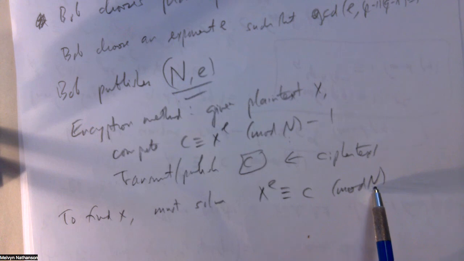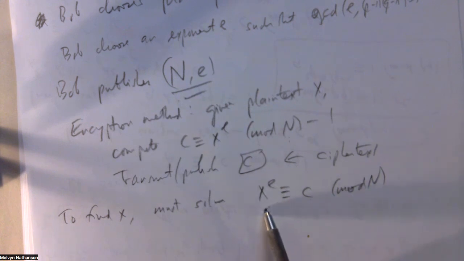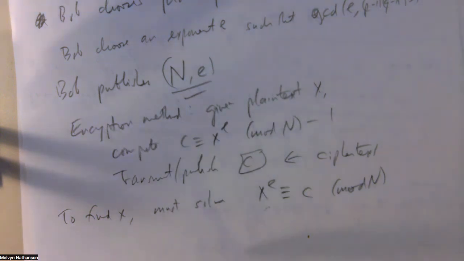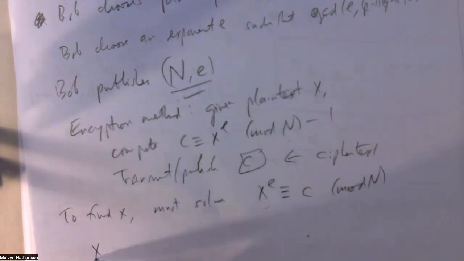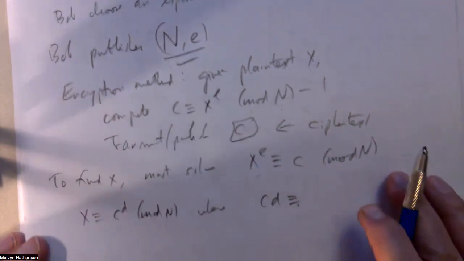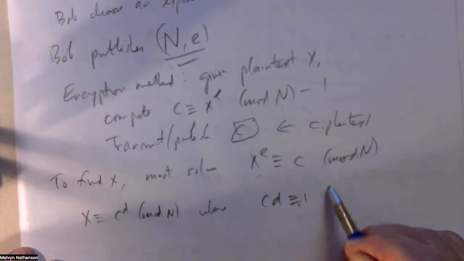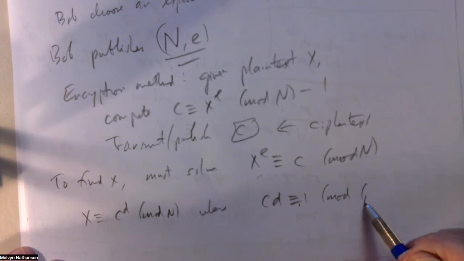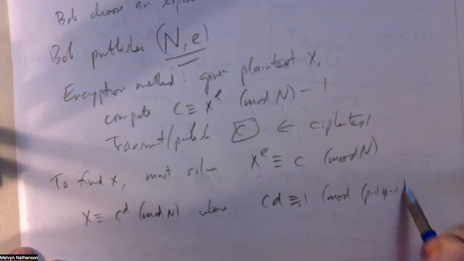We know the modulus n, we know the exponent E, and we know the ciphertext C. Find X. Well, I just described the way to do that. X is going to be C to the D mod n, where D is an integer such that DE is congruent to 1 mod P minus 1, Q minus 1.